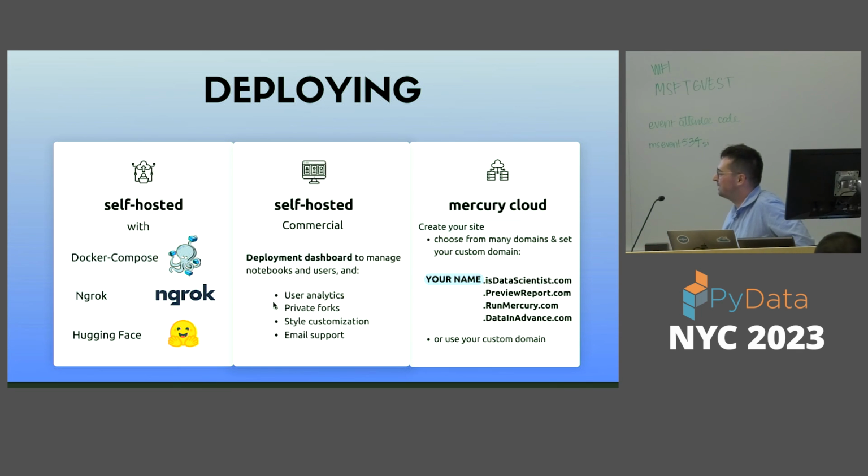You can, for example, share your local deployment with ngrok or deploy on Hugging Face Spaces. We also provide a commercial license for self-hosted Mercury, and with the commercial license you get, for example, user analytics or style customization.